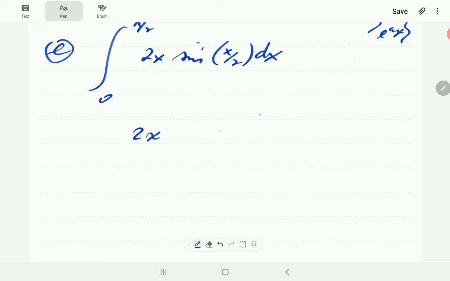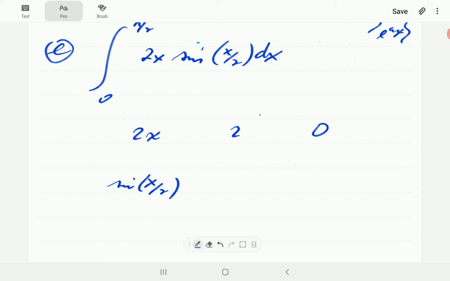So if we put 2x here, the derivative of 2x is 2, and the derivative of 2 is 0. Again, if you check that video on tabular integration, that's going to get you up to speed with what's happening here. For this one, we integrate.